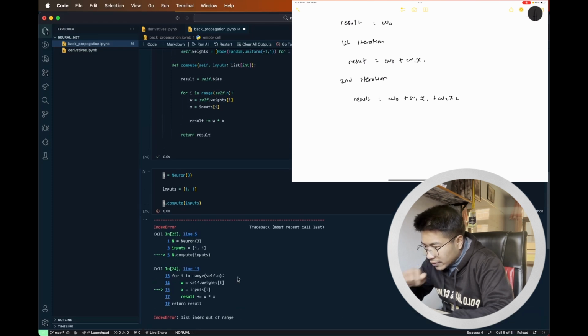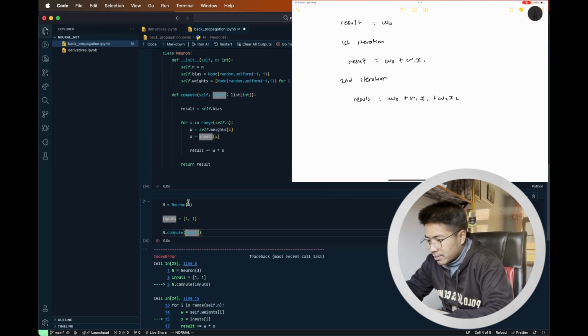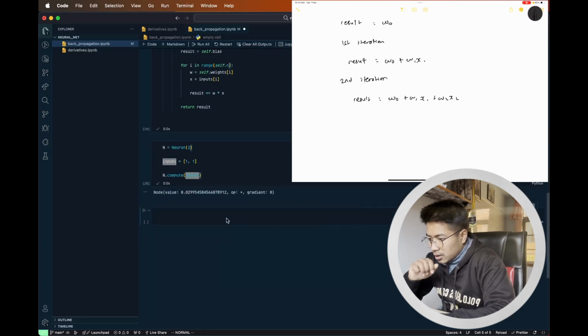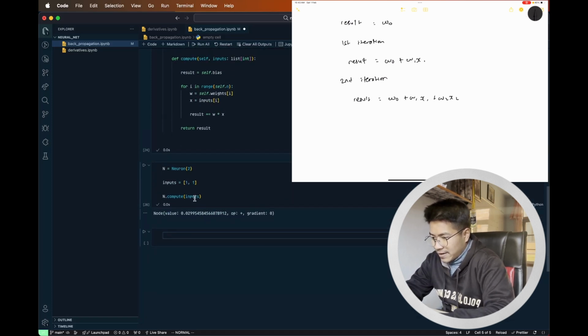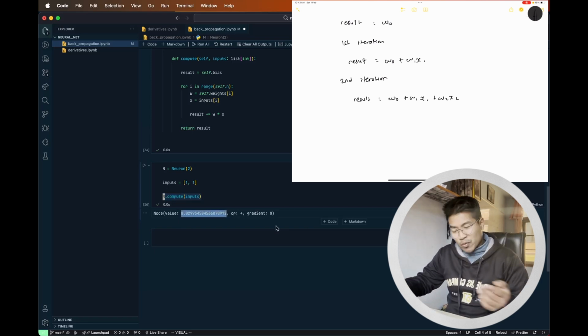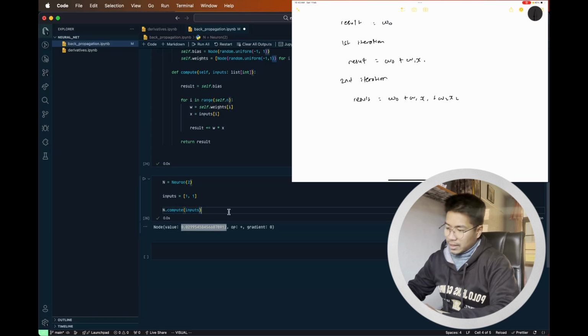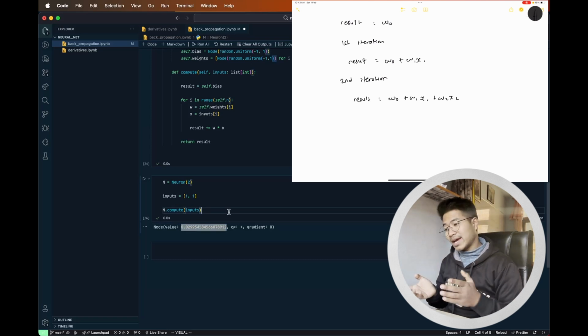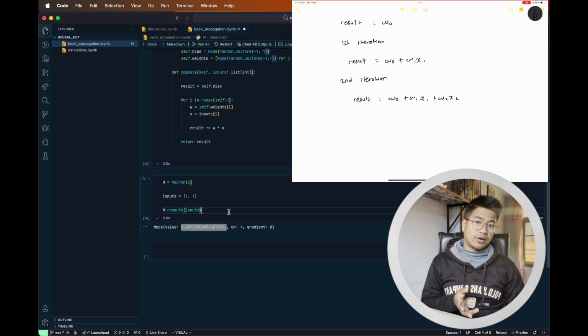List index out of range. Oh, okay, my bad. That neuron should be a 2-input neuron. Now we get a value of that computation, and we get it to be this guy. Okay, whatever. Now we have a way to have that neuron and make that neuron compute stuff.